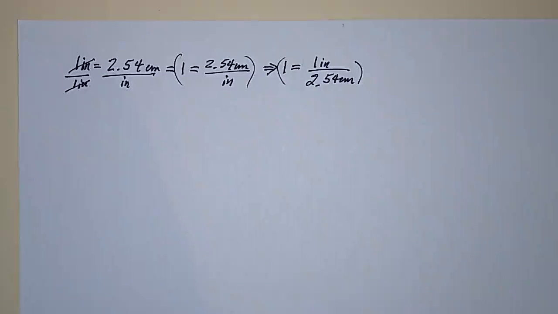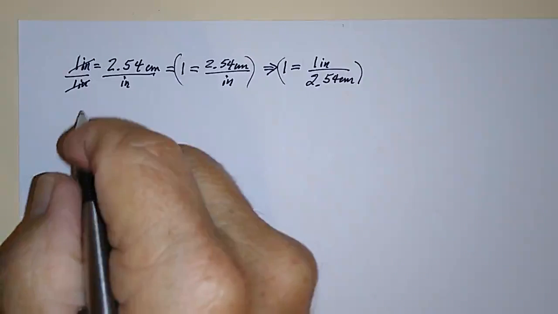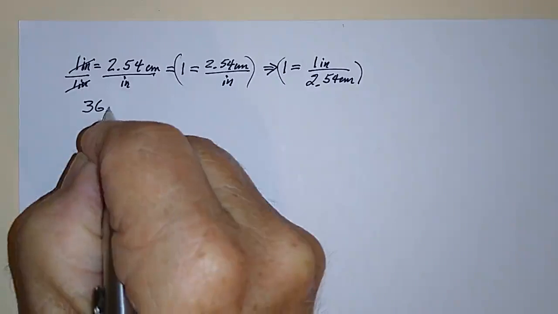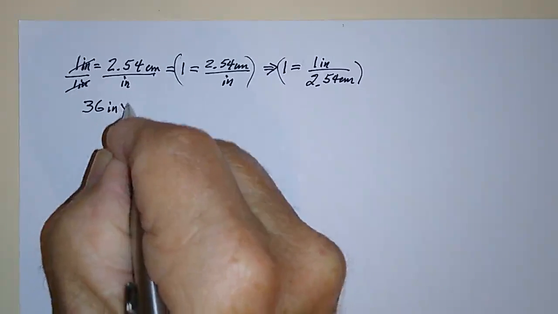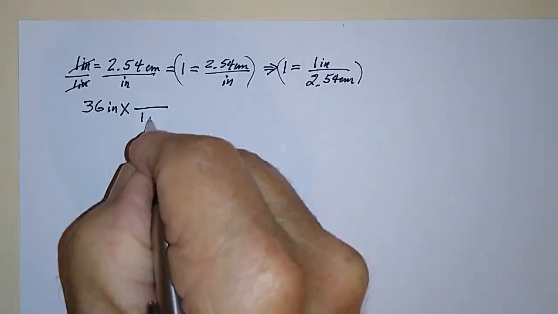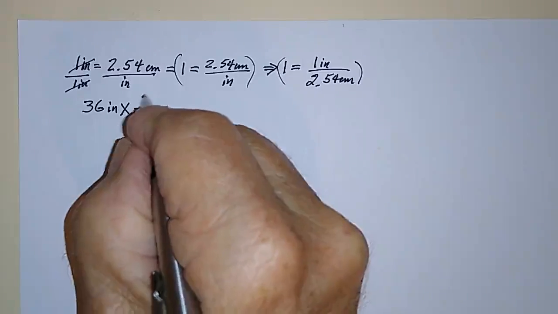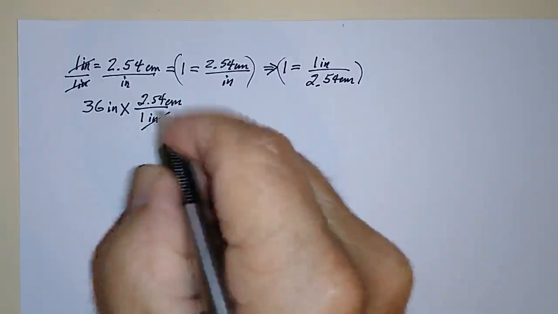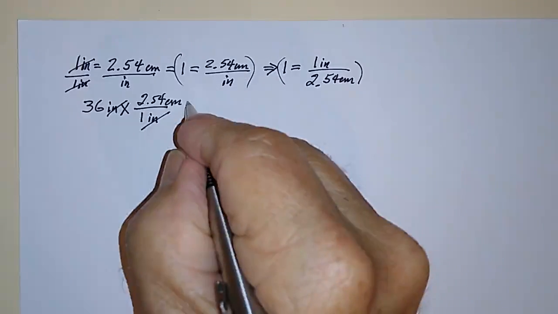So if I want to convert, say, 1 yard to meters, I happen to know that 1 yard is 36 inches. I can multiply that by 1, in this form, 1 inch is equal to 2.54 centimeters. The inches cancel out.